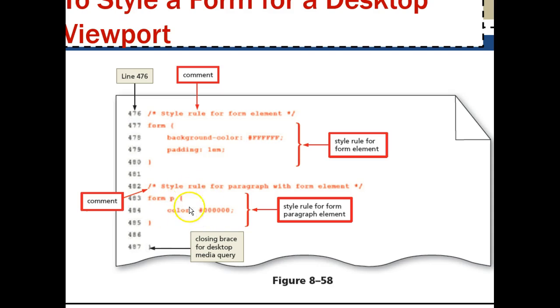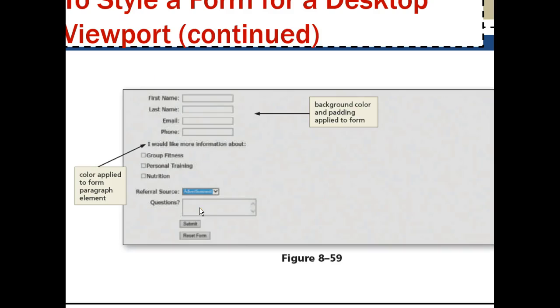So you apply this style rule for the form paragraph element in here. Once you apply those styles, your form will have this type of background color, and again you apply this to the paragraph as well. So it is very useful to use style to style your form in your CSS file.